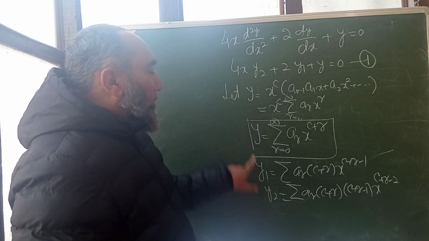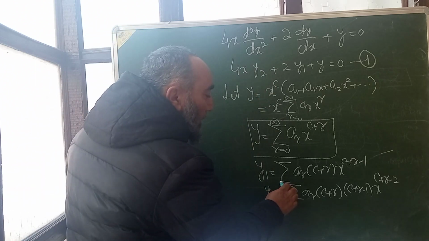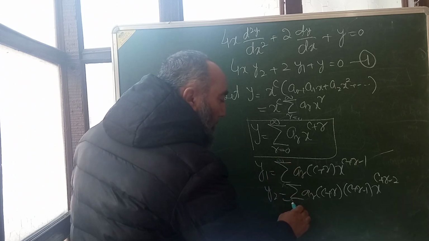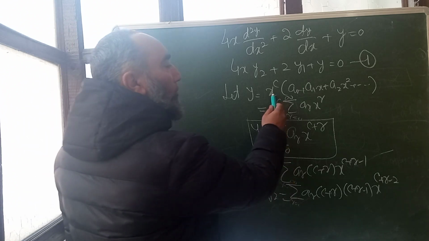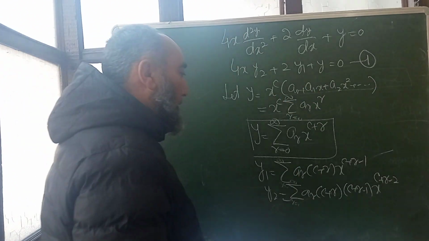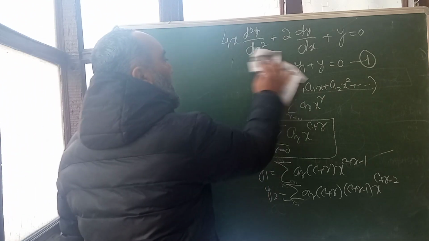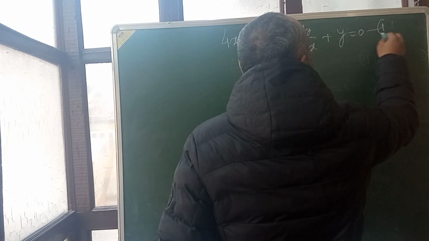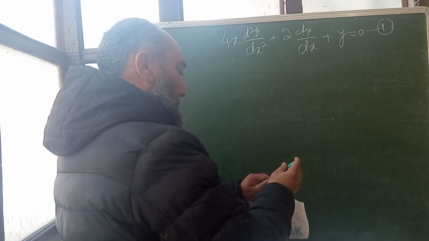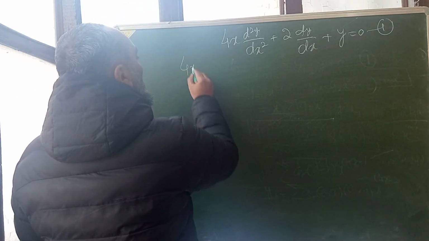So let me substitute y, y1, y2 in 1. Okay, I am not writing r running from 0 to infinity. You have to write it. If I do not write it, you will always write r running from 0 to infinity. You have seen why we write r running from 0 to infinity. So substituting y, y1, y2 in 1, we will get 4x times y2.